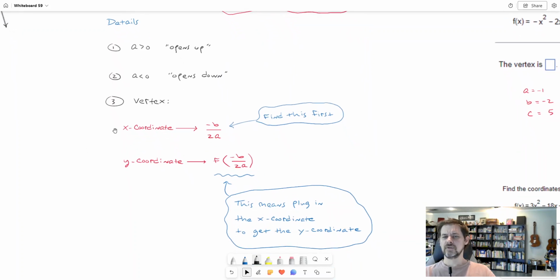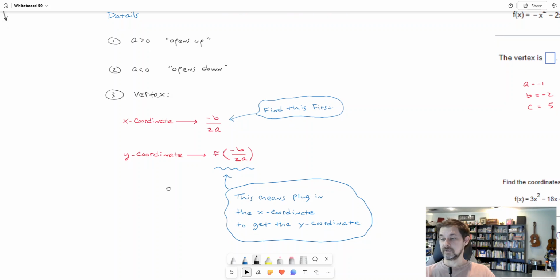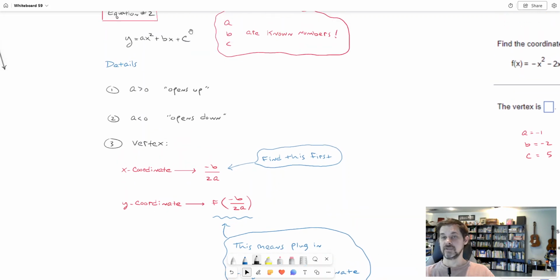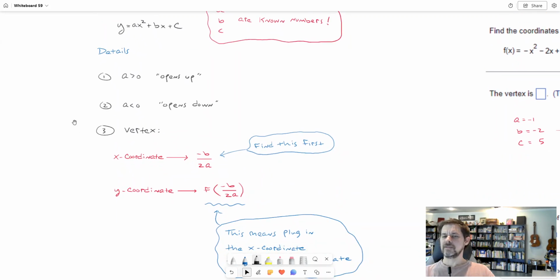We find the x-coordinate and the y-coordinate separately. The x-coordinate is negative b over 2a, and you find that first. You figure out this number, whatever it is, and that's the x-coordinate. Then to get the y-coordinate, you plug the x-coordinate into whatever the equation is, which will be this. That's normally how x and y work out.